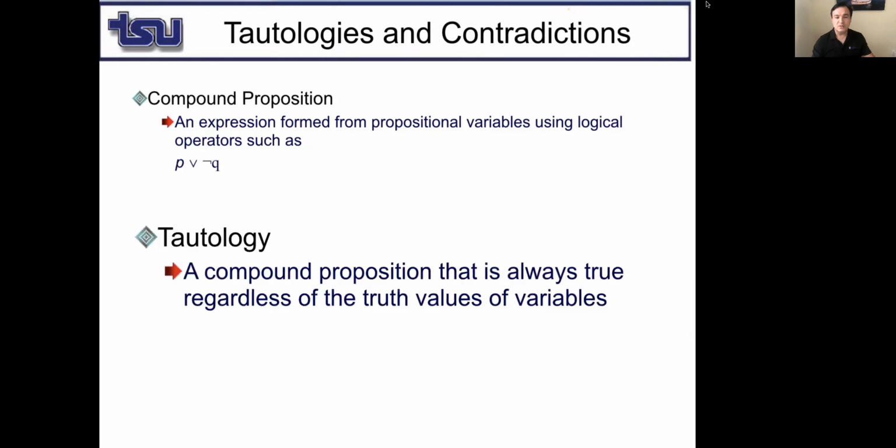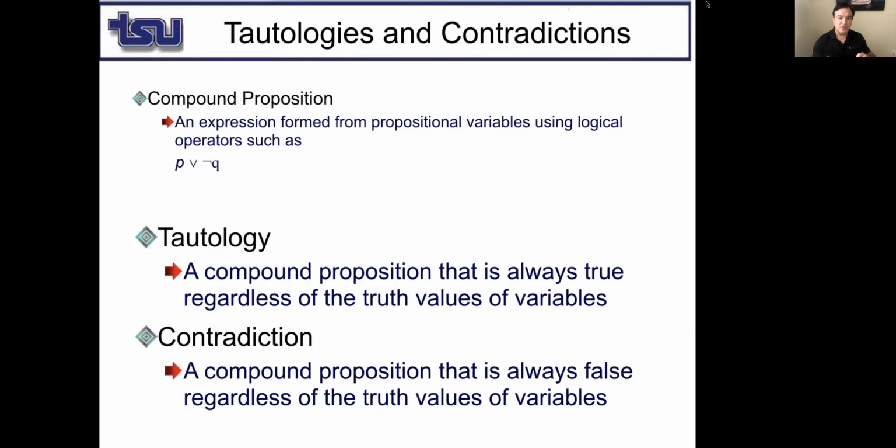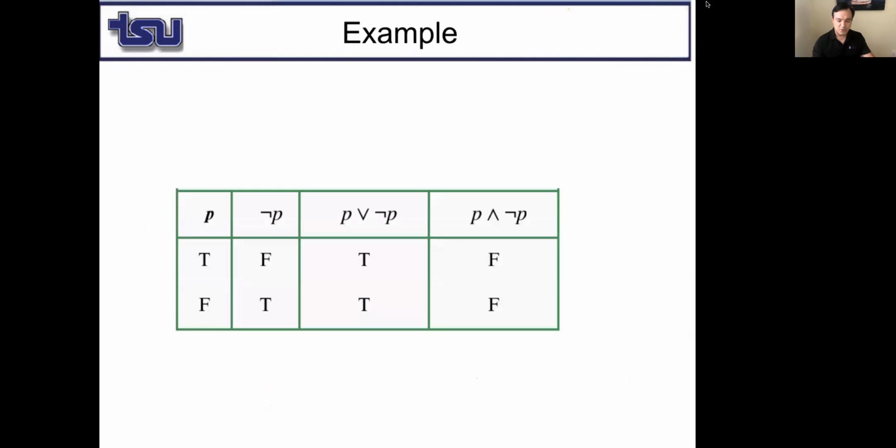Compound propositions can sometimes be a tautology. Tautology means regardless of the propositional variables' truth or falsity, the compound proposition is always true. Or a contradiction: again, regardless of the propositional variables' truth or falsity values, the compound proposition is always false. That's a contradiction.